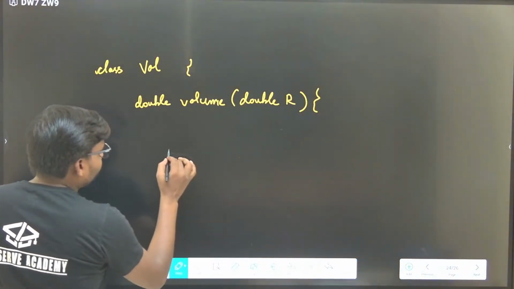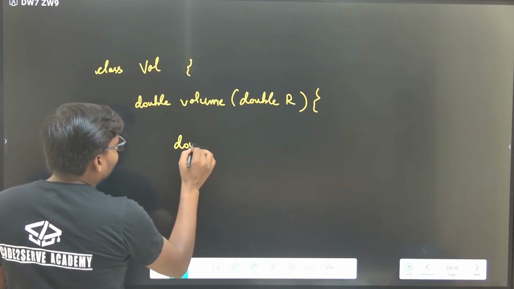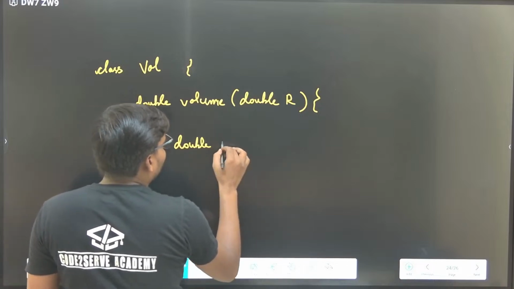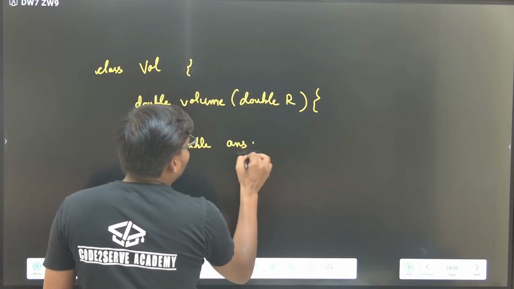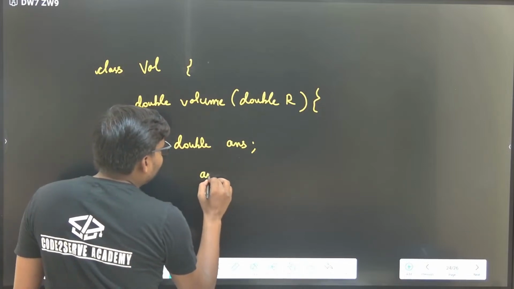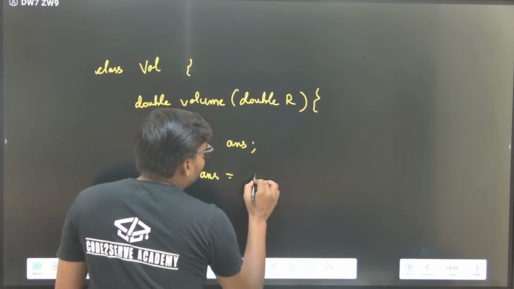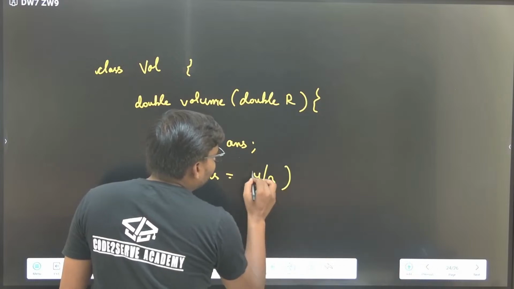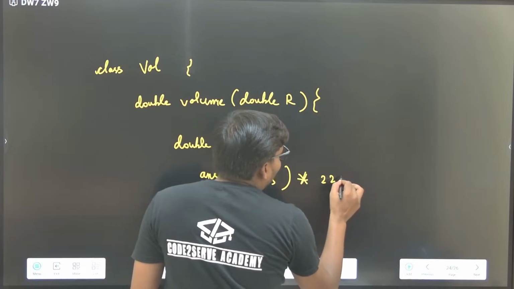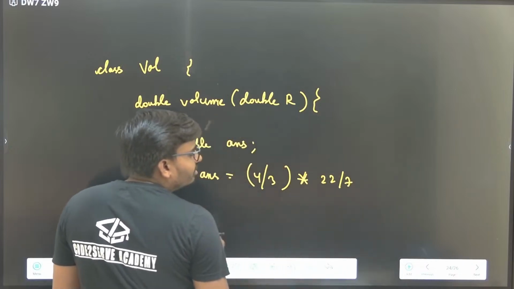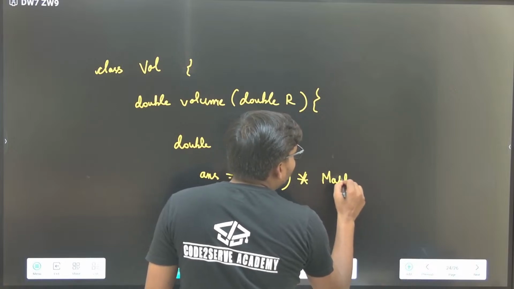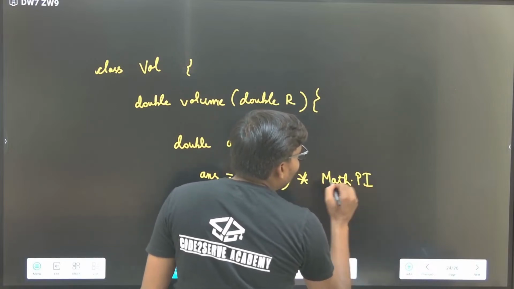Here you will create a double type variable, answer. Now what you are going to do is answer is equals to 4 by 3 into, you can do 22 by 7 like this, or you can do Math dot PI. Pi should be capital.